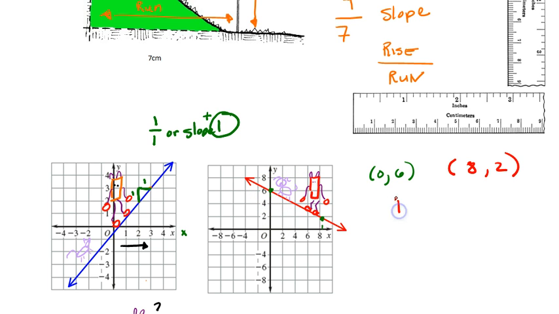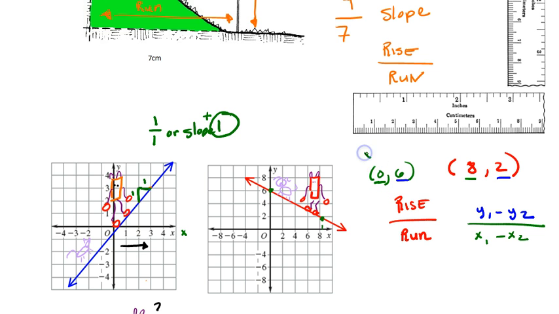Alright? Now I want to know what my rise over my run is. To calculate that, I can take my x coordinates and subtract them, and I can take my y coordinates and subtract them. So let's try that. So let's call this x1 and this x2.